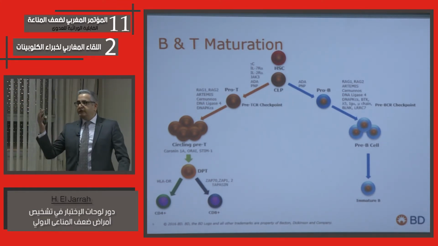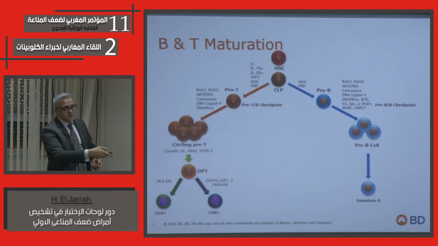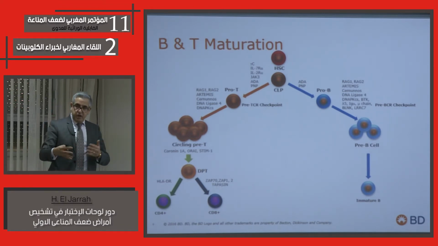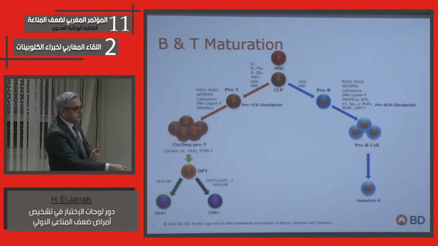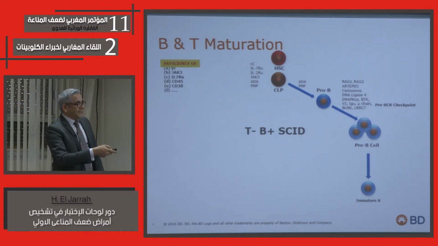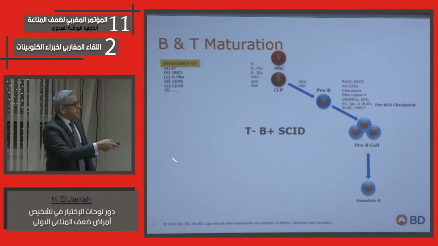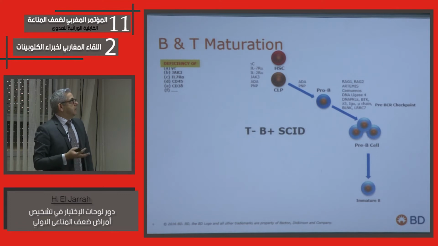For example, when we don't have CD40 ligand interaction, it's definitely past the immature stage, right? So there are certain deficiencies that could happen as a result of a deficiency downstream. Of the common deficiencies that would lead to SCID, severe combined immunodeficiency, which leads to the absence of T cells but having B cells, would be deficiencies in the common gamma chain, JAK3, IL-7 receptor alpha, CD45, the zeta CD3 chain, and so on.